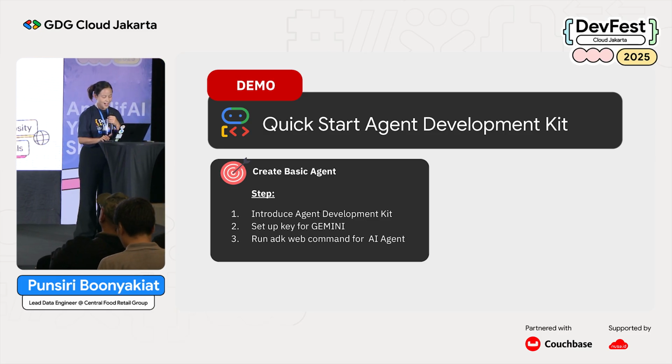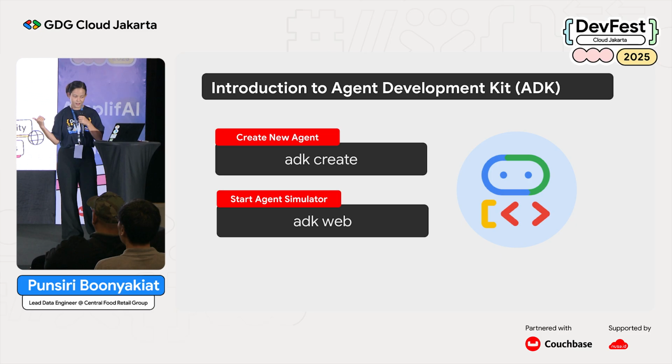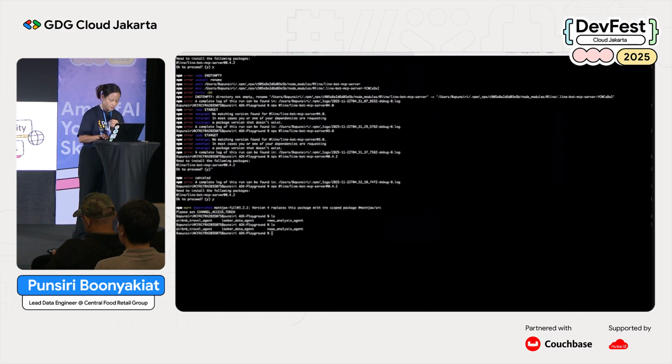So let's come to the demo. I will go to the demo screen to give you an example of the real code and what it looks like. So this is my terminal.